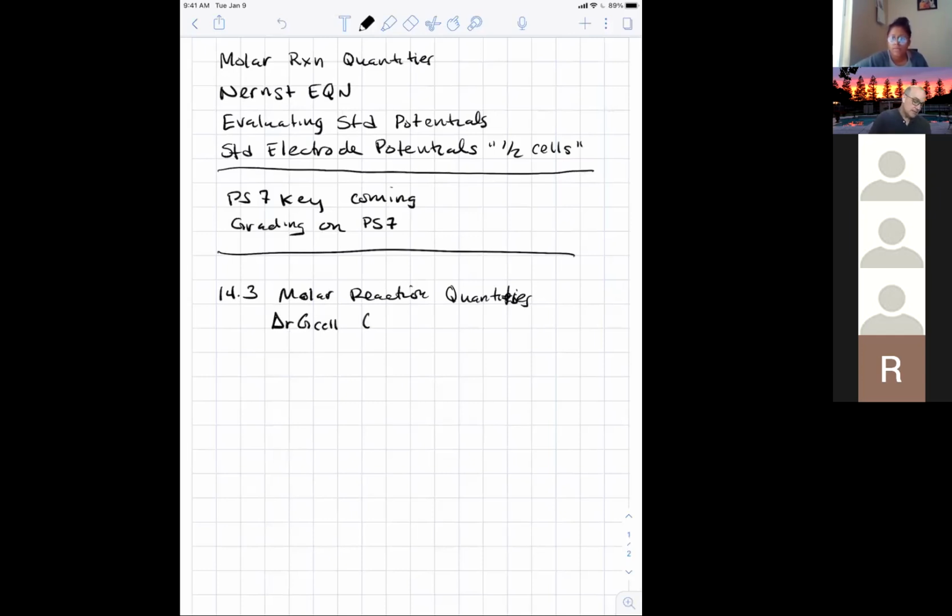This is a definition of the electrochemical cell. We could also think about a standard delta G, which pertains to the direct reaction. Now, remember what the difference here is.